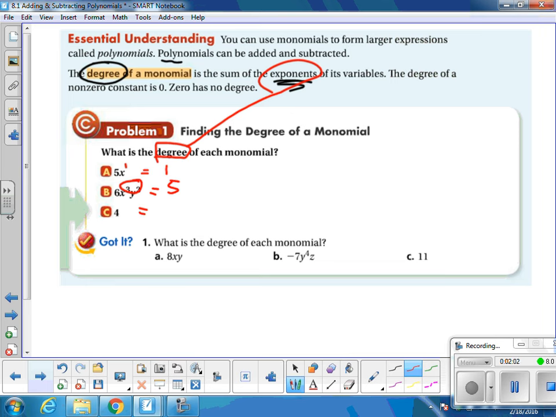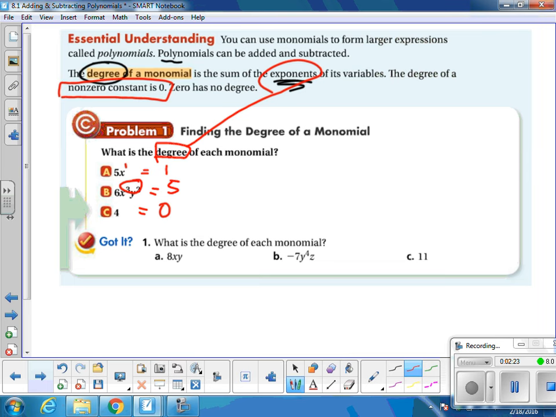For C, 4, there is no exponent, and like we read earlier, the degree of a non-zero constant is 0, so the degree on this one is 0. The degree is important when it comes to classifying these and writing them in standard form, which we will do later. Why don't you try the Got It?